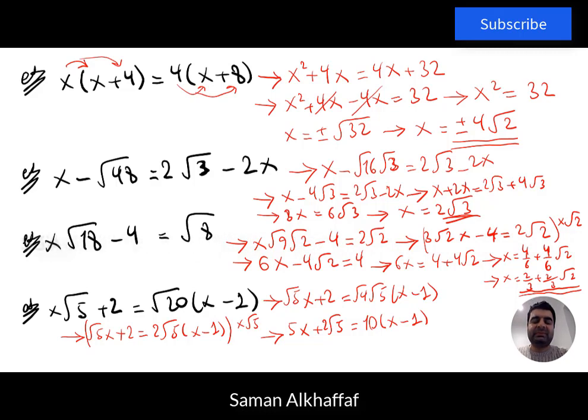Now the next step from here would be working with the 5x's together. So what we would have here, we'd have 5x plus 2 root 5 equal 10x minus 10. And in this scenario, we move the 5x from here to the other side.